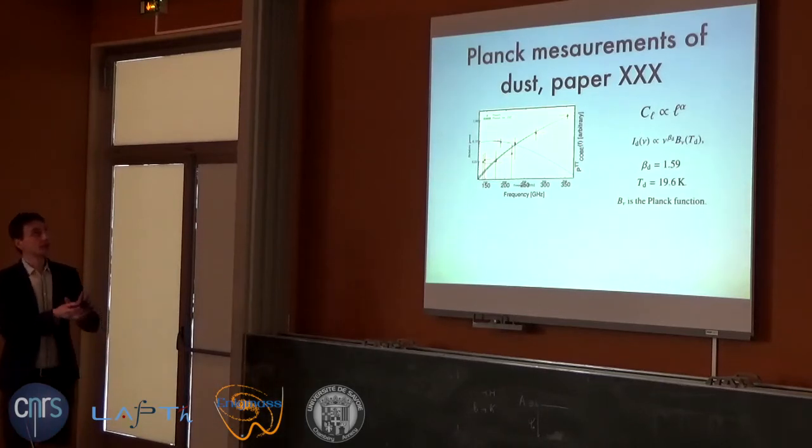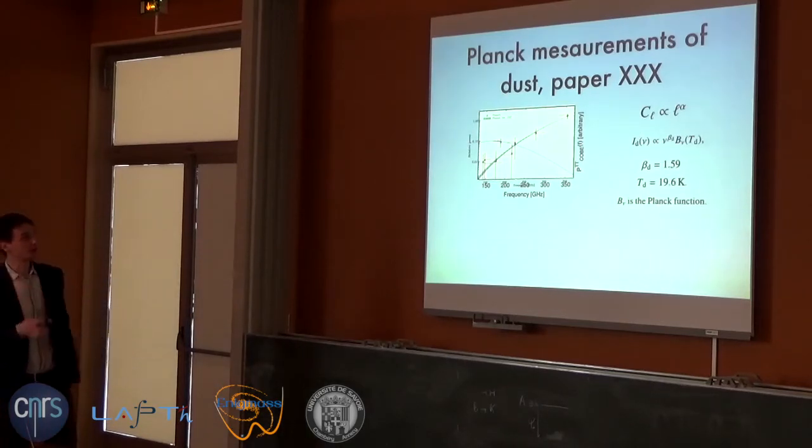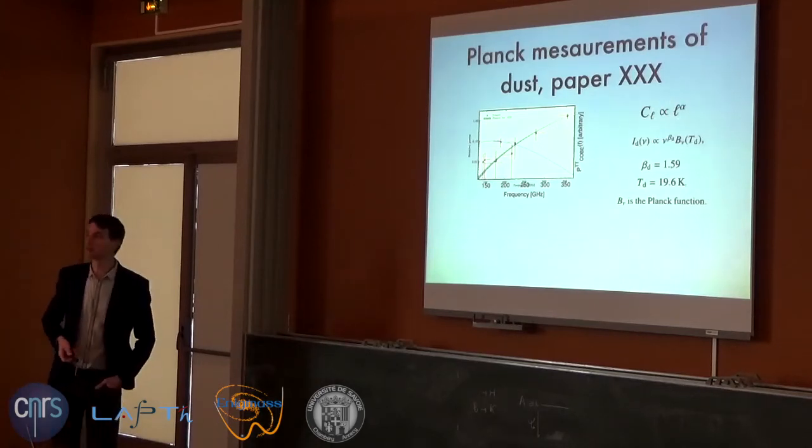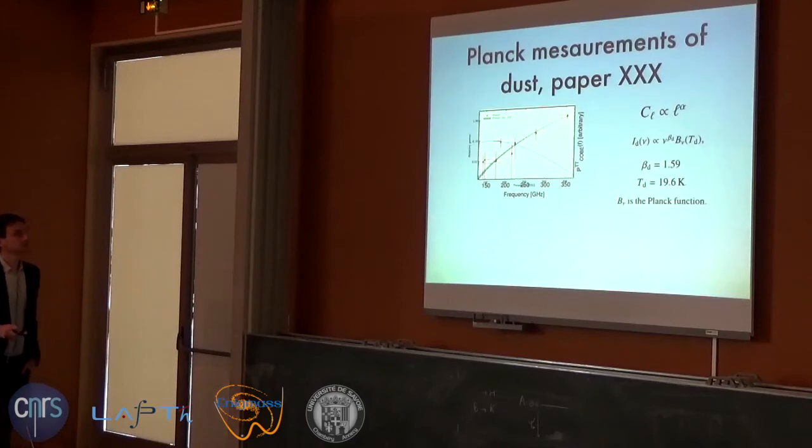They see the distribution of dust on our night sky, and they see that it's well described by a multipole moment dependence that is L to the power alpha. I didn't put alpha here. It's some number of order 1. They also find empirically that the temperature spectrum of the dust is given by a modified black body spectrum.